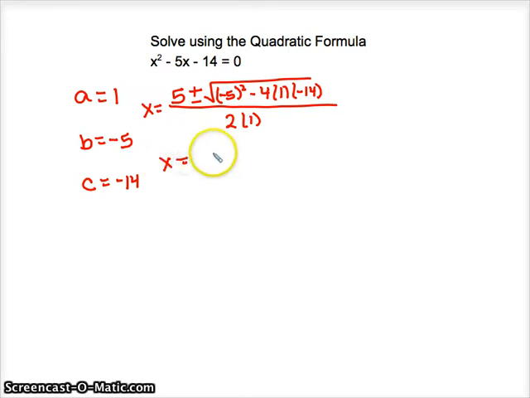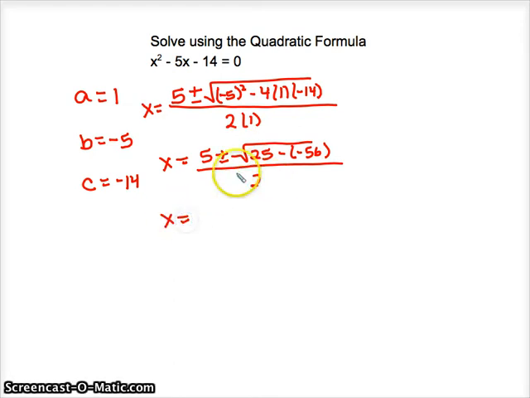Now I'm simplifying, so 5 plus or minus the square root of 25 minus 56, that's minus a negative 56, all over 2.